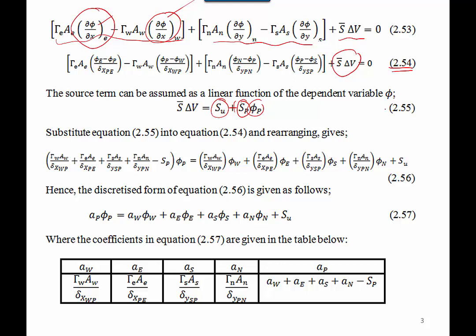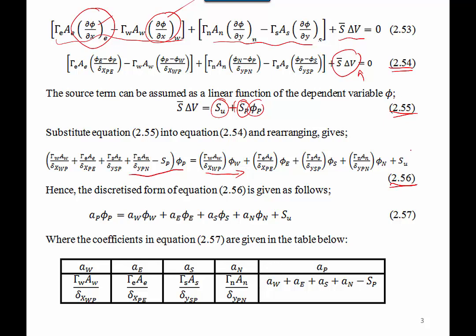Substituting this into equation 2.54 and rearranging it, we take all the terms multiplied by phi P and put them on the left hand side, and the remaining parameters we write on the right hand side. We will have equation 2.56.